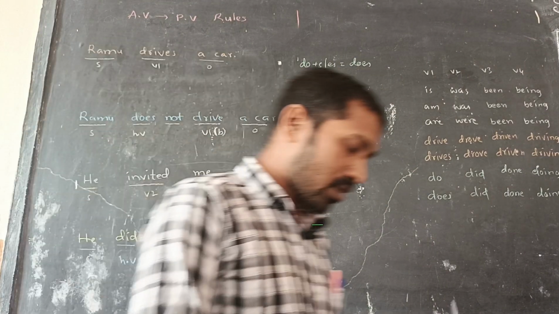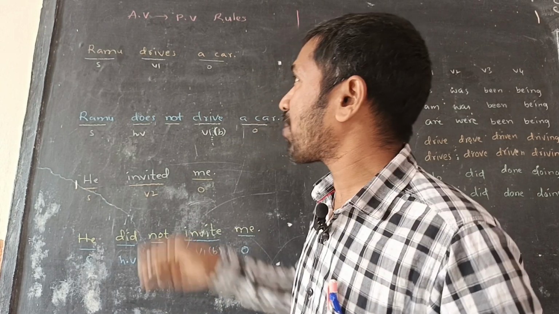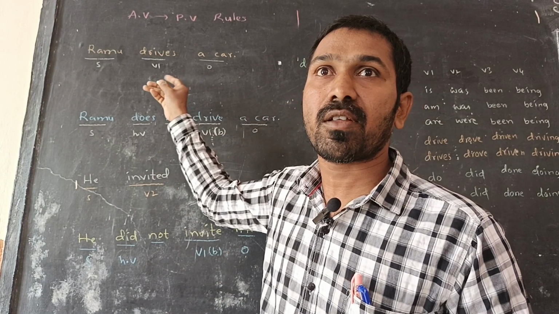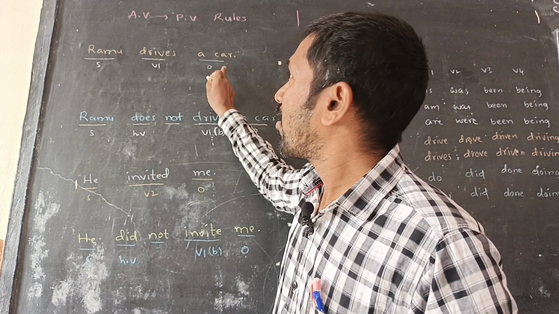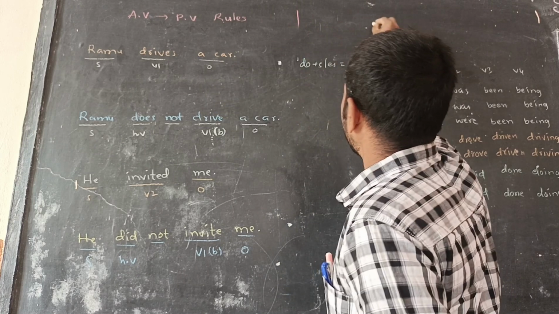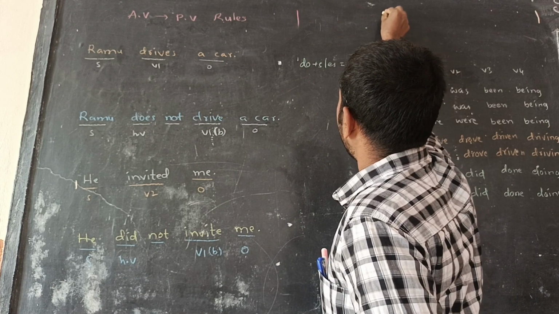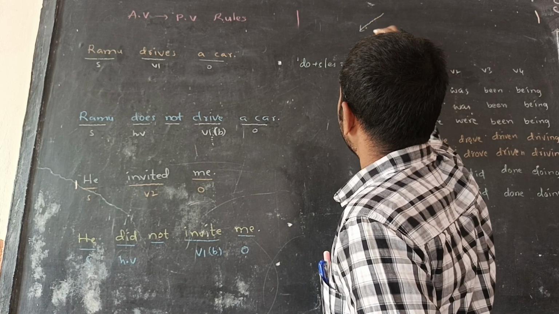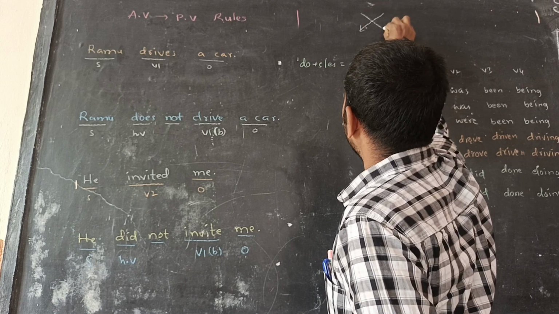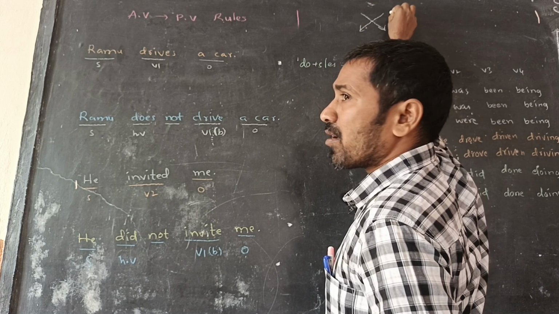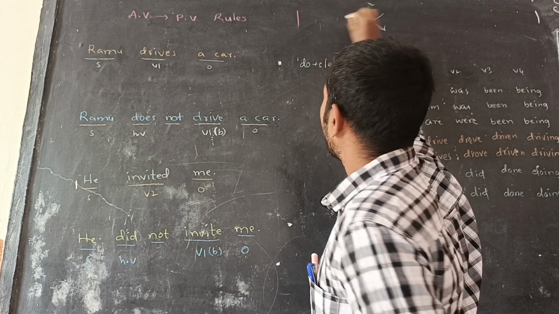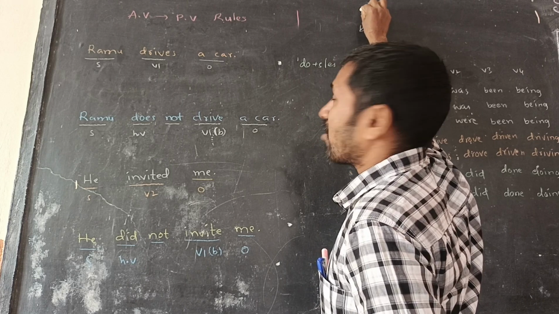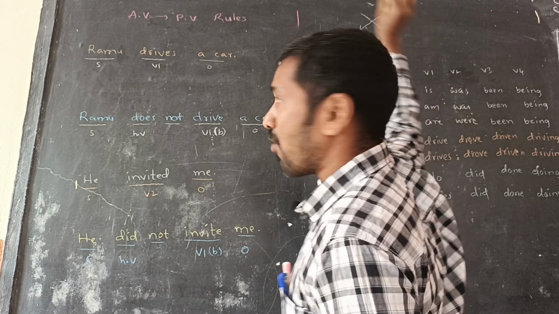Next, let's find out some answers based on the previous rules which we have learned. Now, first, for passive voice, what do you have to use? Cross symbol. First cross, right to left down. Next, second cross, left to right down.